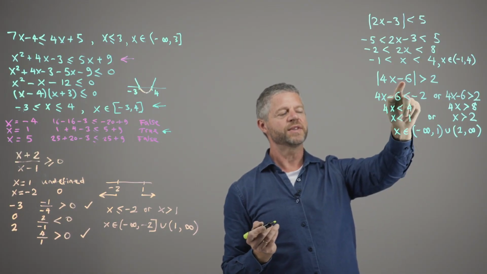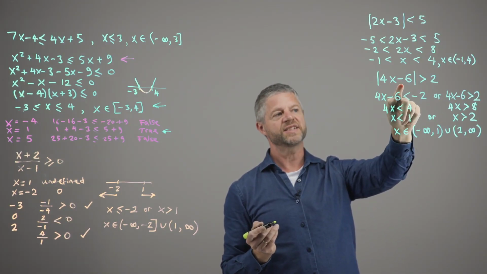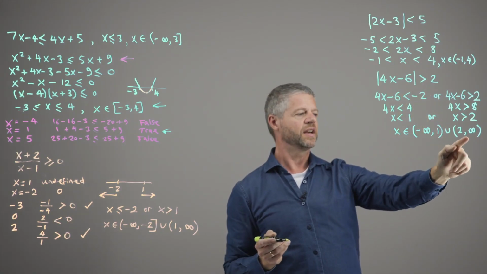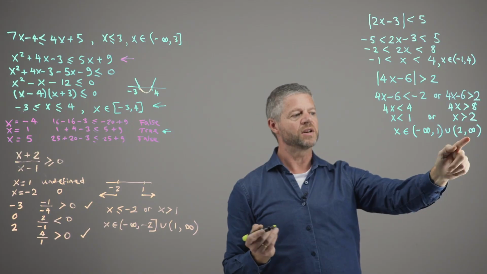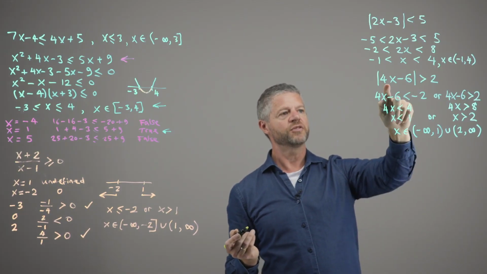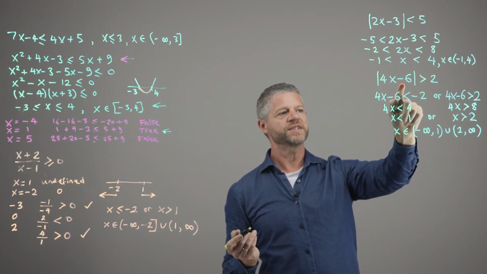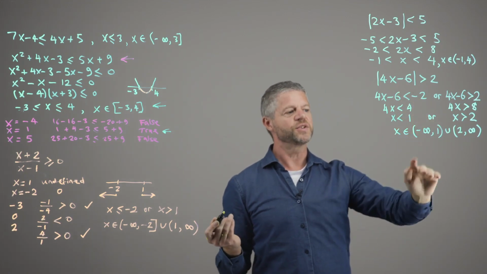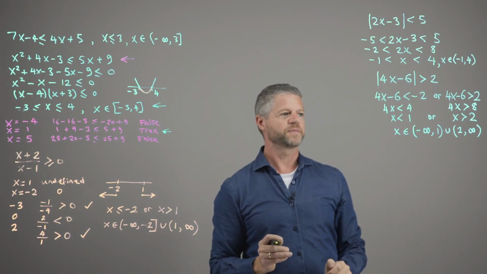So we would have the absolute value of minus 6, which is plus 6, and 6 is greater than 2, so that works out. In this interval, we could pick the number 3. 4 times 3 is 12. 12 minus 6 is 6. Absolute value of 6 is 6, and 6 is bigger than 2. So both of those numbers work out.